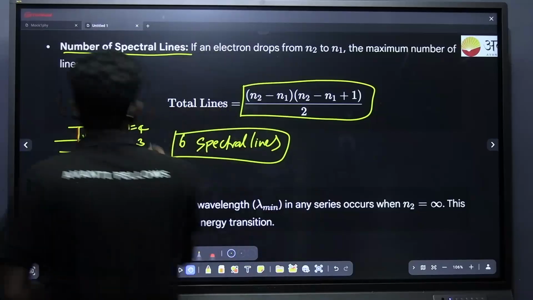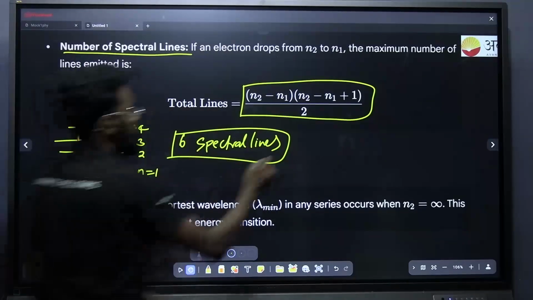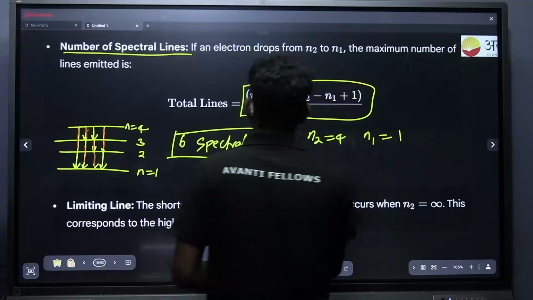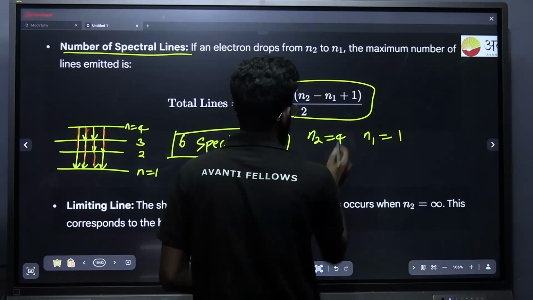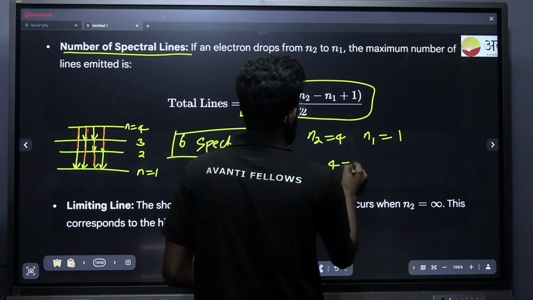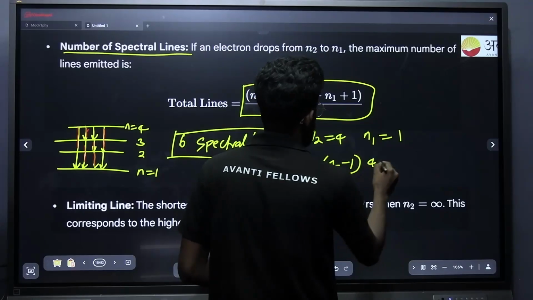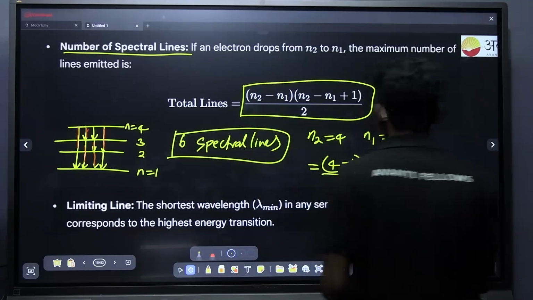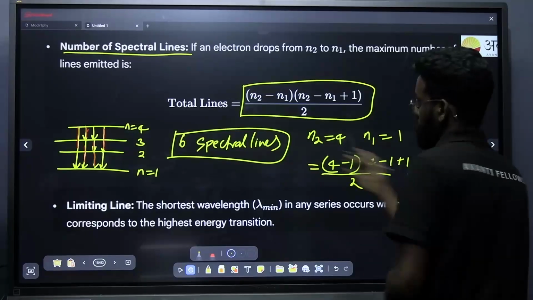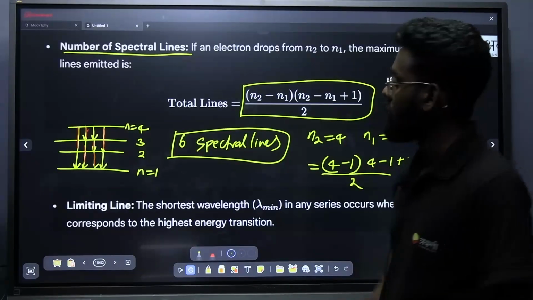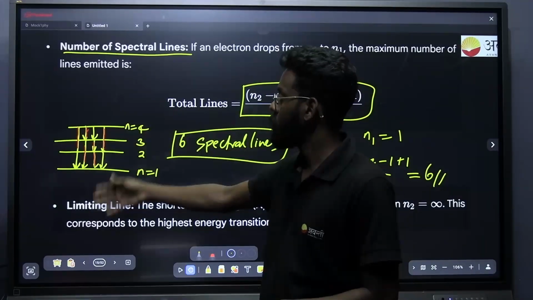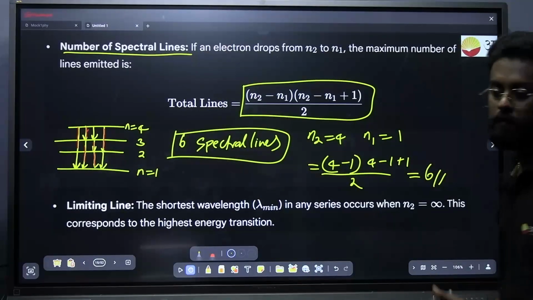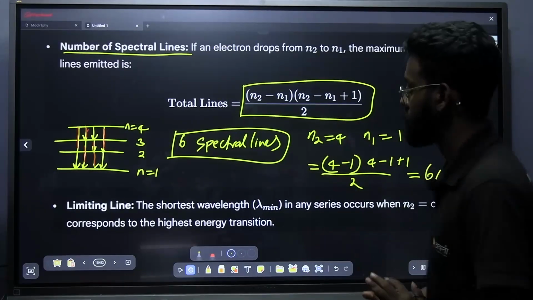Here n2 is equal to 4 and n1 is equal to 1. 4 minus 1 into 4 minus 1 plus 1 divided by 2. What will I be getting? I will be getting answer 6. So same thing I got. For this it is easy to draw and find out, but if you got a higher level transition, then it will be difficult. That is what spectral lines are.